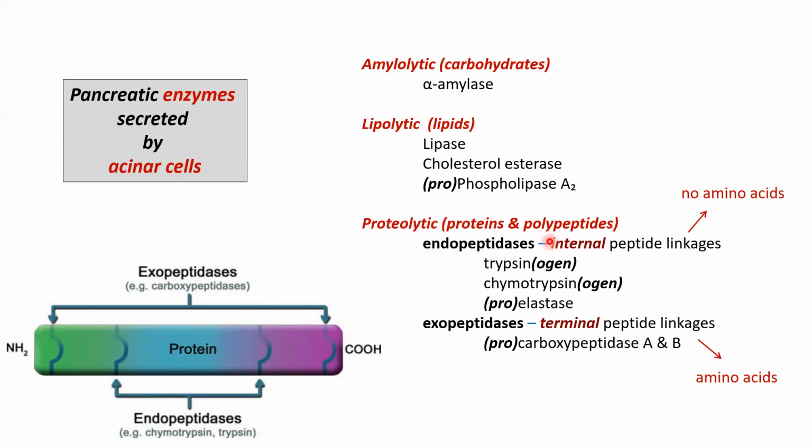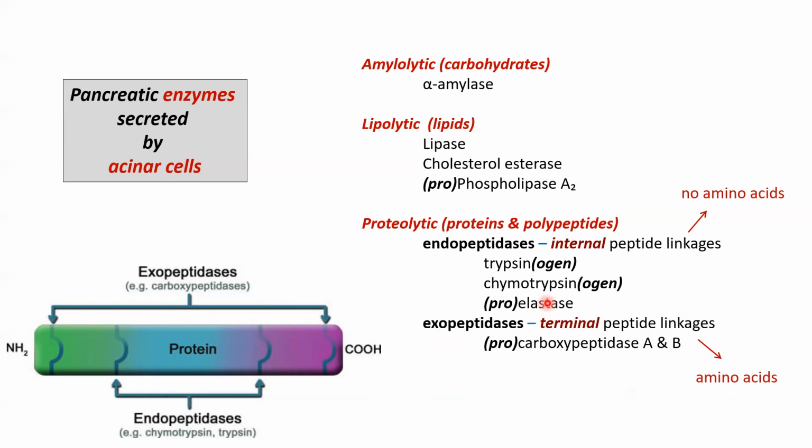And we have endopeptidases: trypsinogen, chymotrypsinogen, proelastase, and exopeptidases. And exo, this is carboxypeptidase A and B. It's just different amino acids, but the carboxy tells you it's going to be cutting at the carboxyl end. If it was an aminopeptidase, it'd be cutting from the amino end. Does that make sense?